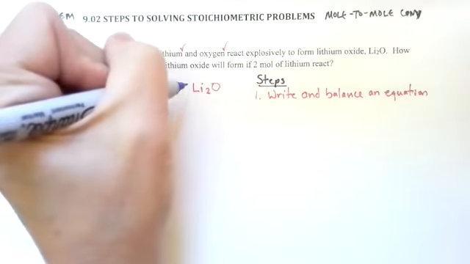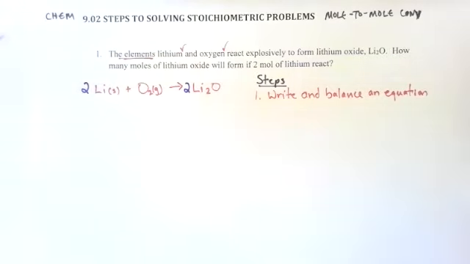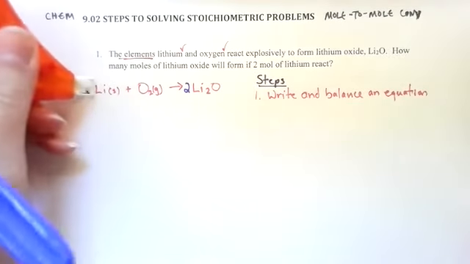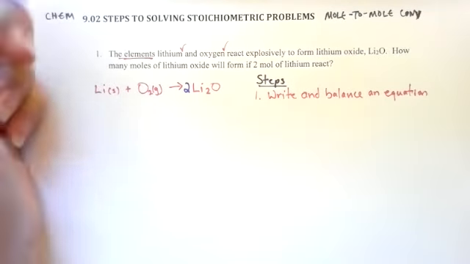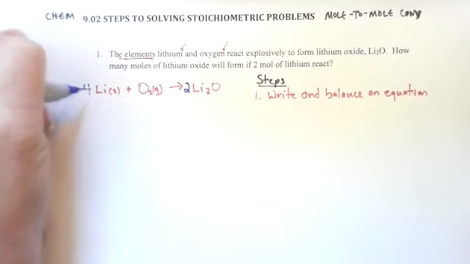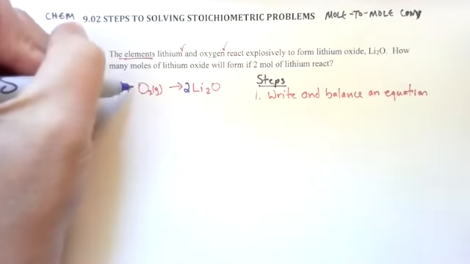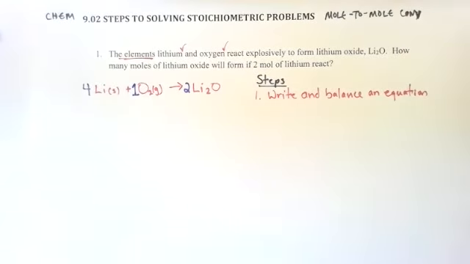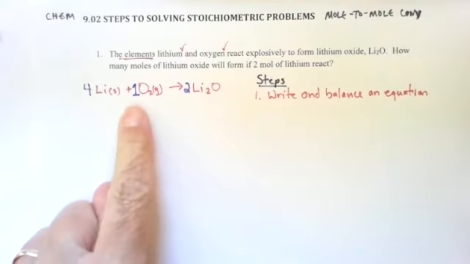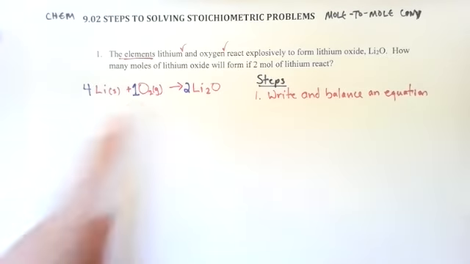I've got 2 oxygen over here, so I need 2 oxygen there. That means I'm going to need 4 lithium, and there's a 1 here. So when I talk about mole ratios, I'm going to talk about 4 moles of lithium reacting with 1 mole of oxygen and vice versa.